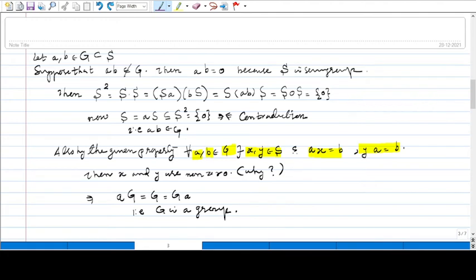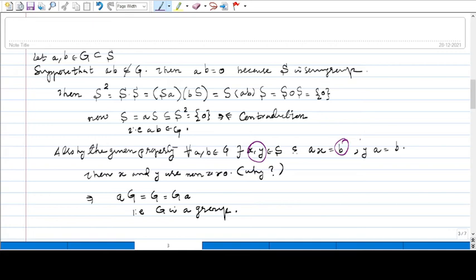Now we can look at this case. My A and B are from G. What is G? S difference 0. Then X, Y cannot be 0. If X and Y are 0, what happens? B is 0. But B is not 0, right? That's what I'm telling.